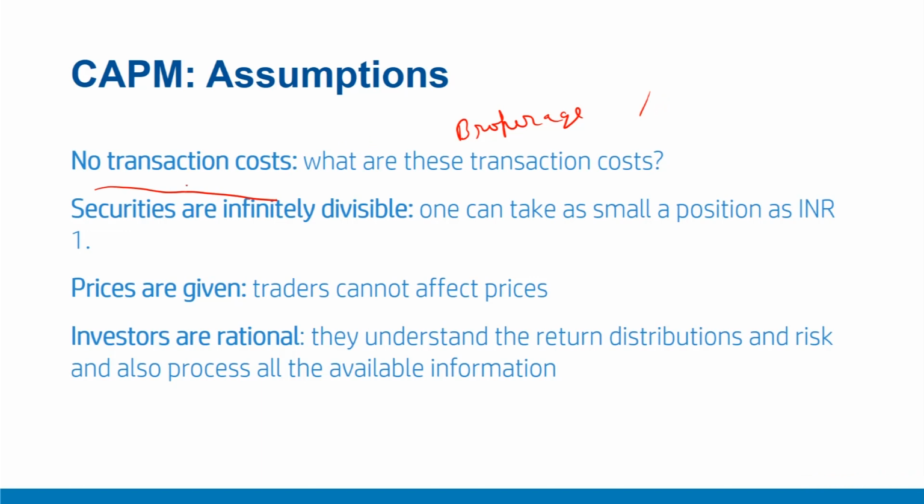The next important assumption made by CAPM is that securities are infinitely divisible. That is, one can buy stocks worth even ₹1 or $1, and therefore investors can take any position in assets, howsoever small it may be.